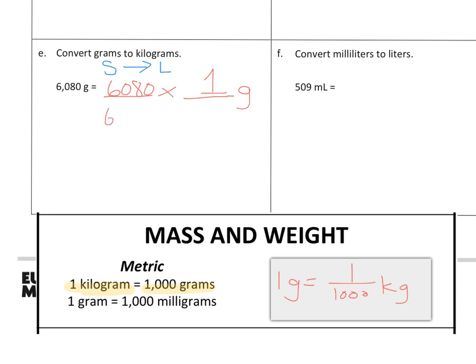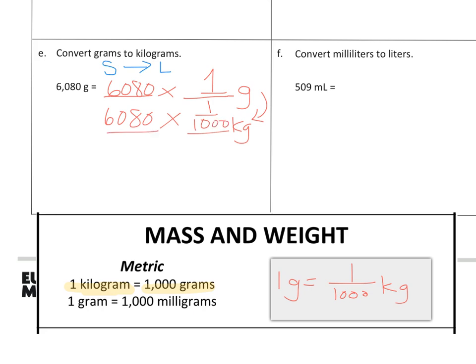Second line is going to be 6,080, and we're going to convert the 1 gram into kilograms. All right, so going back to what we have down here, 1 gram is smaller, and it's actually going to be 1/1,000th of a kilogram. So it's going to be 1 over 1,000.